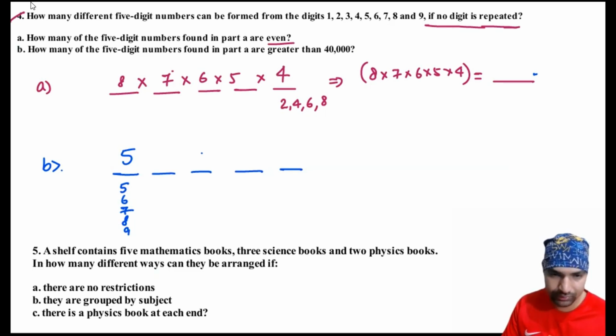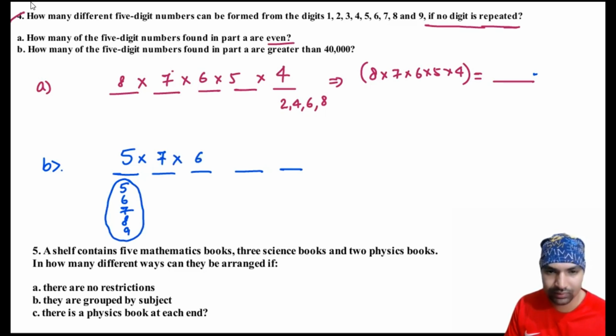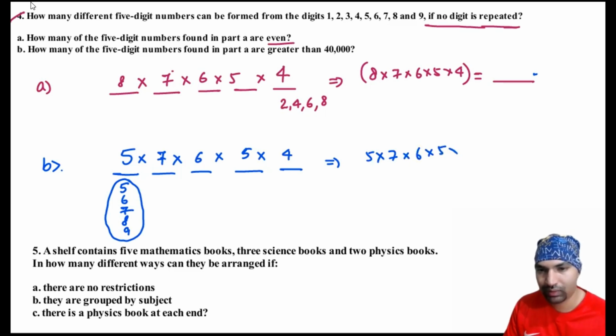Now, since repetition is not allowed, how many digits are left if one digit is used in the first place? Out of 9, total 7 digits are left. So this can be filled in 7 ways, then 6 ways, 5 ways, and then 4 ways. So the final answer is 5 times 7 times 6 times 5 times 4.